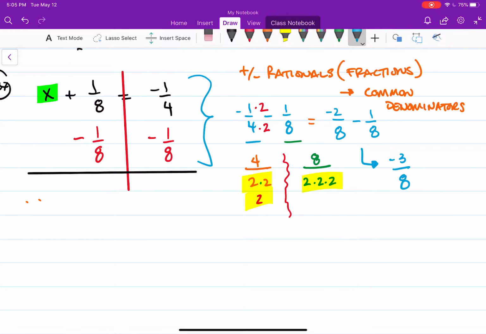So the right side is going to equal negative 3 over 8. And our left side is what? Positive 1/8, negative 1/8. Cancels each other out. I'm left with an x equals negative 3/8. That's not what I wanted. I want this. So there's my answer.